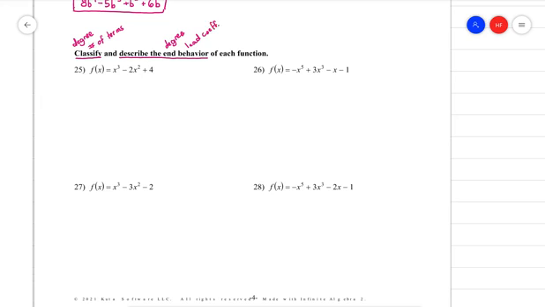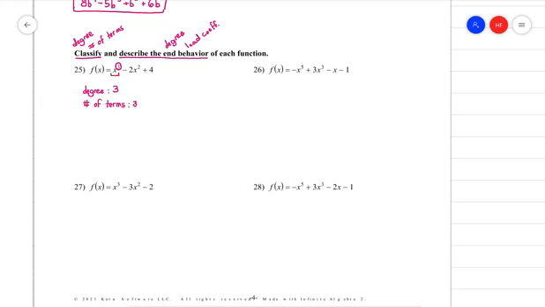So on 25, we have x cubed minus 2x squared plus 4. So my degree is 3. It is the highest exponent I see, so I'm going to write the degree is 3. Number of terms is 3.